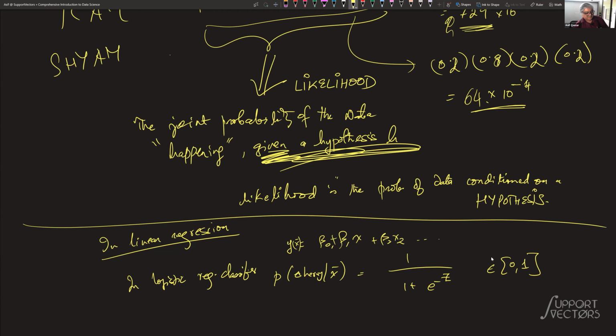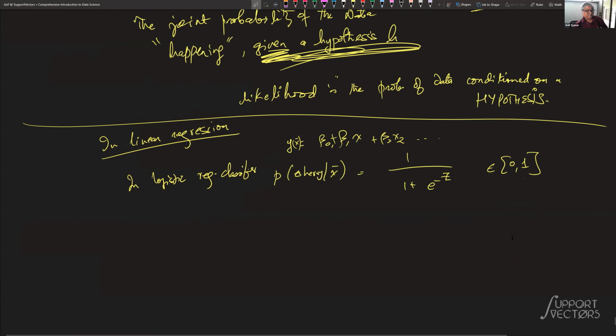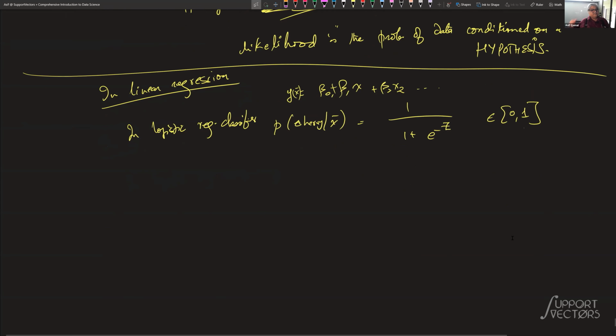Now, it's quite interesting. Suppose you fix your betas, you have a fixed probability of x. Here z is equal to beta naught plus beta 1 x1 plus beta 2 x2 in our example. So basically the probability is parameterized by the betas. I hope I'm making an obvious statement.